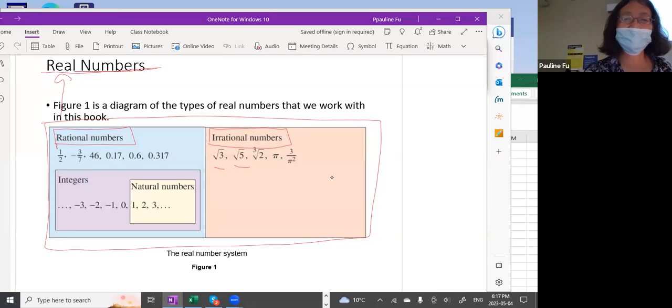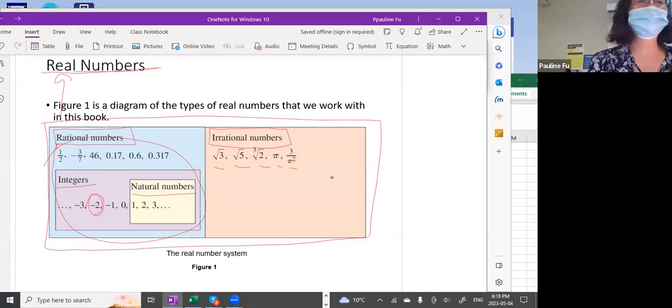Examples of irrational numbers: square root of 3, square root of 5, etc. And all these numbers are rational numbers. So rational numbers include integers, and inside integers you have natural numbers. Take the example of -2. -2 is an integer. -2 is not a natural number, because natural numbers only include positive countable numbers.